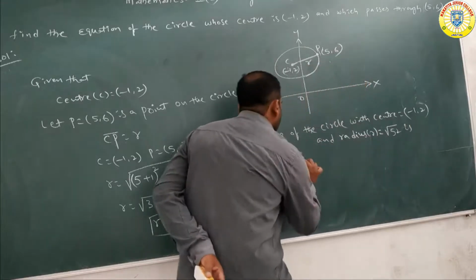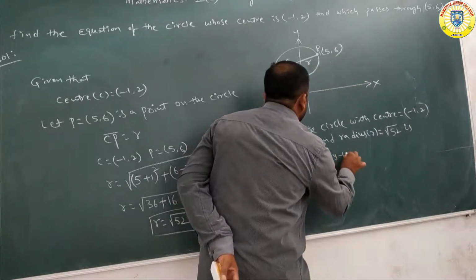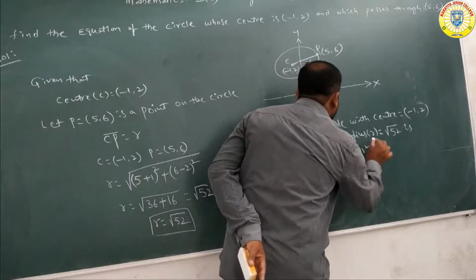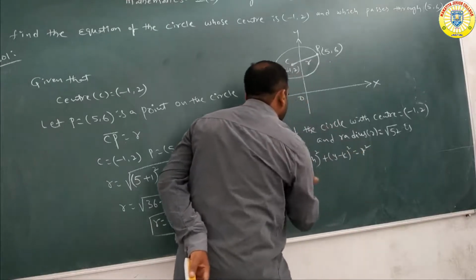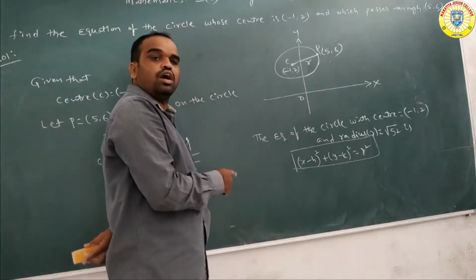We are using which formula? (x minus h) whole square plus (y minus k) whole square is equal to r square.